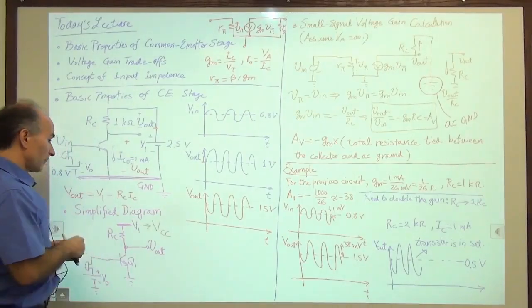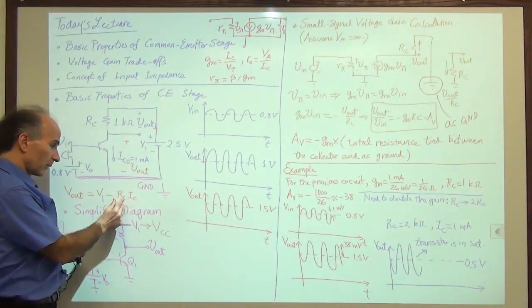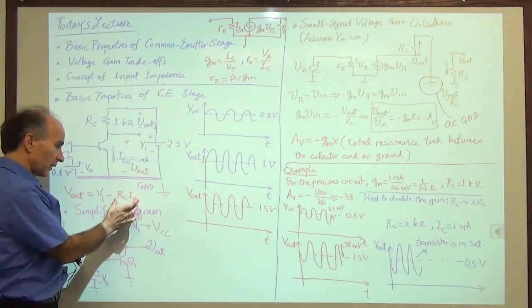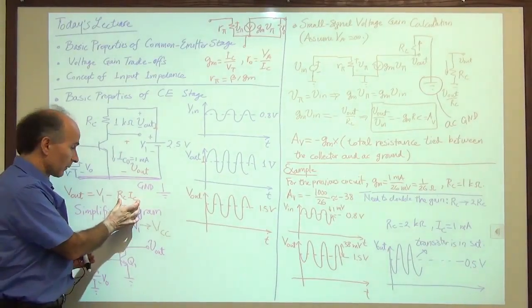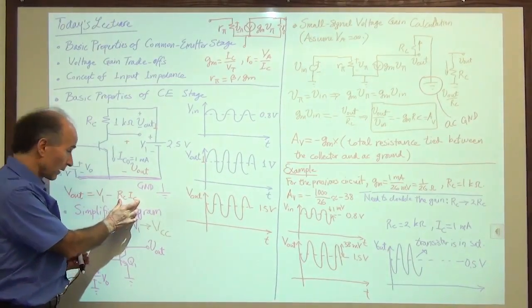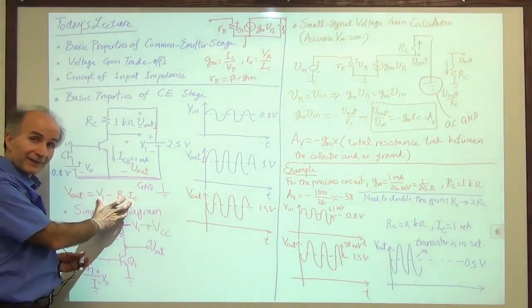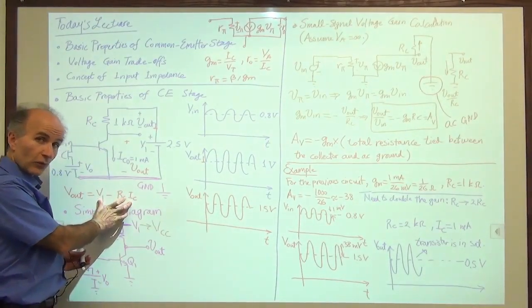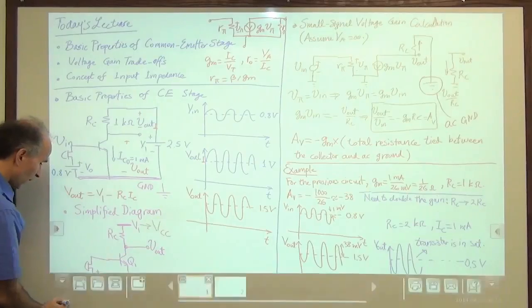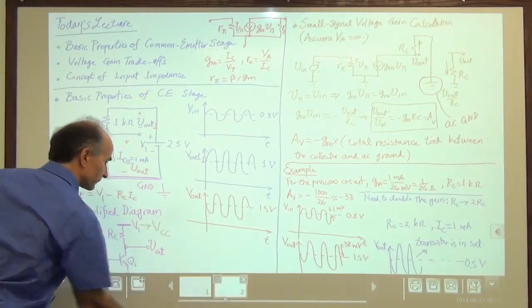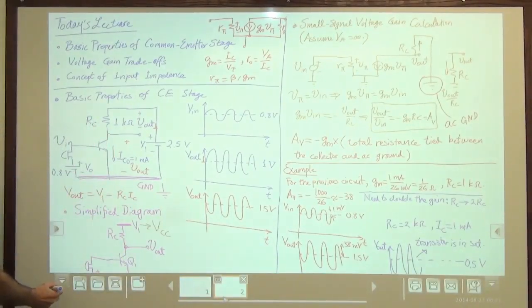No, not really, because this is a product. Whether we double RC or double IC, this doubles. If this doubles from 1 volt to 2 volts, this result will be 0.5 volts regardless. So in this case, still, we end up with the same situation.